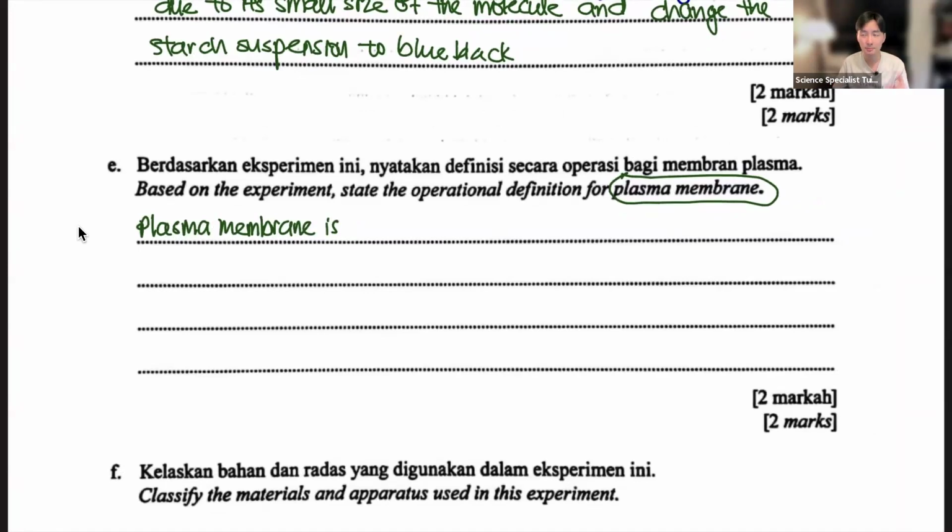No. Specific. Okay, plasma membrane. You can say plasma membrane, it's a molecule. All right, plasma membrane is not a living thing, it's a molecule. It's selectively permeable. You can write semi-permeable. You can write what? Partially permeable. Up to you.